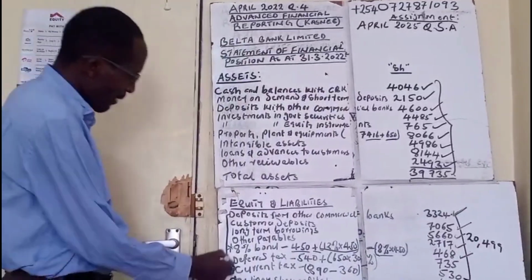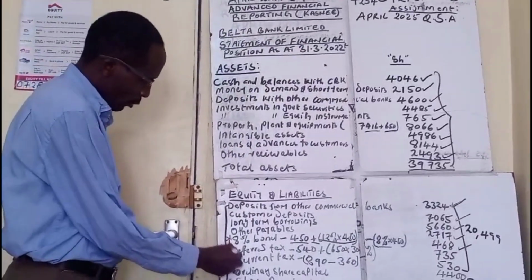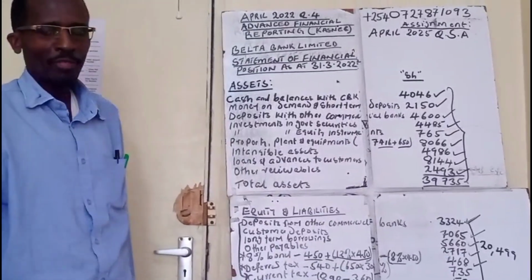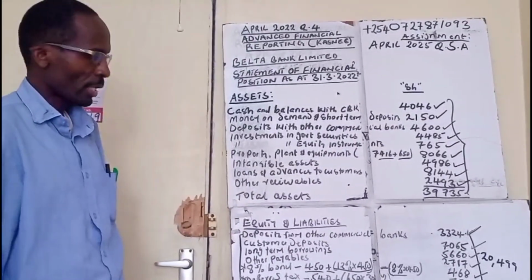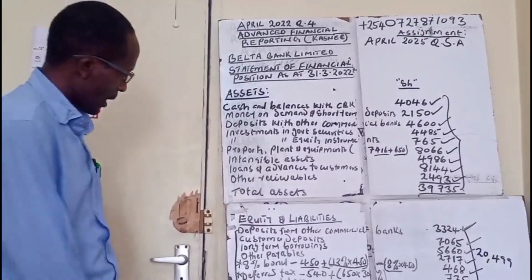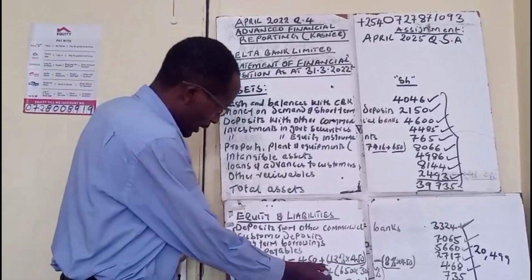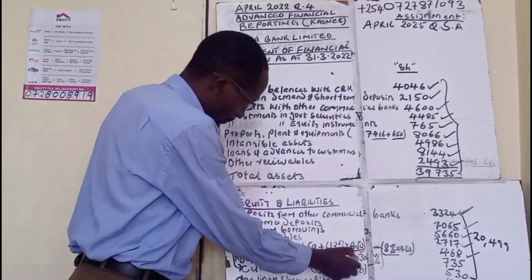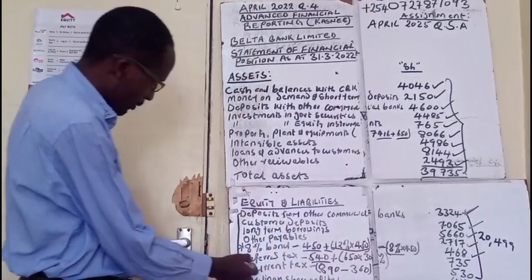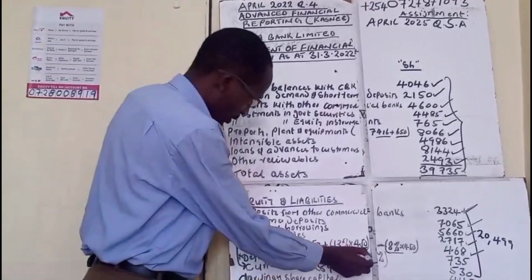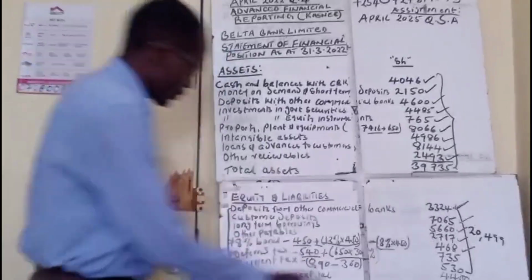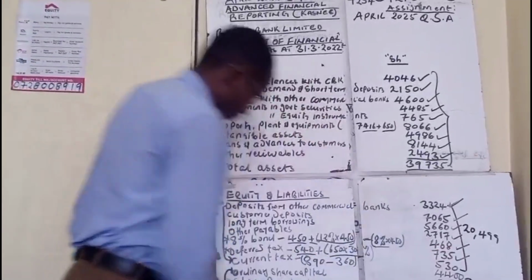We got 468. The deferred tax. We have also shown deferred tax in the previous video, the comprehensive income statement. I think we showed 540, then for the deferred tax, 540 plus 650 times 30%, we got 795.